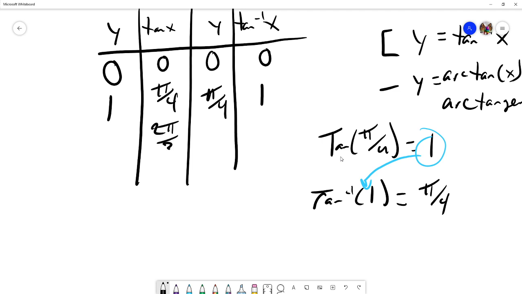How about 2 pi over 3? Sine of 2 pi over 3 is square root 3 over 2. Cosine of 2 pi over 3 is negative a half. And so we get negative root 3. So if I plug in negative root 3, I'll get 2 pi over 3.